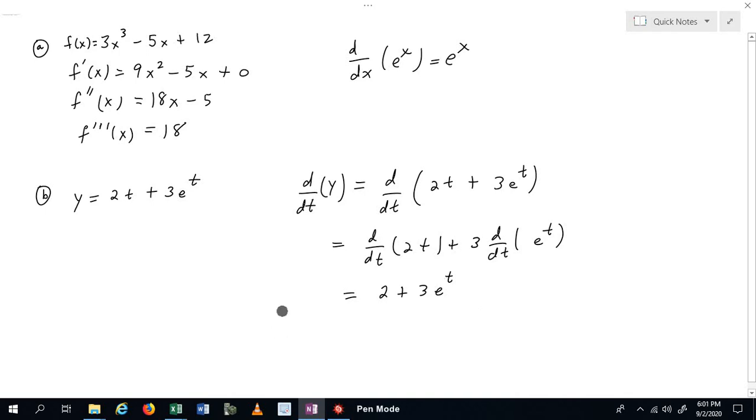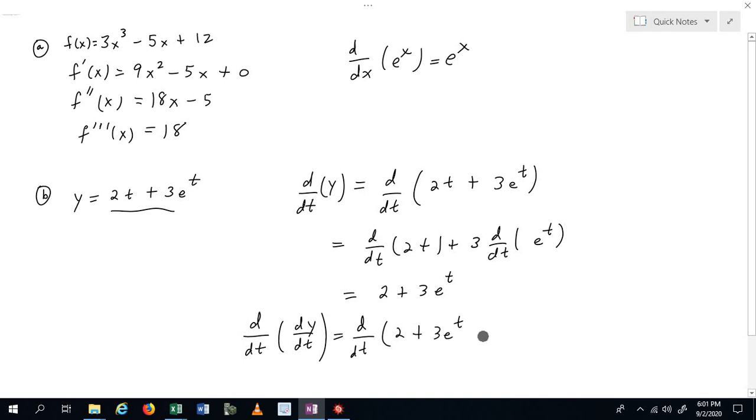Now let's take the derivative of that. And that'll give us the second derivative of this function with respect to t. Okay, again, you can break this up across addition and find the derivative of each of these individually and then add them up. And then notice you can pull this 3 out front again since it's a constant.